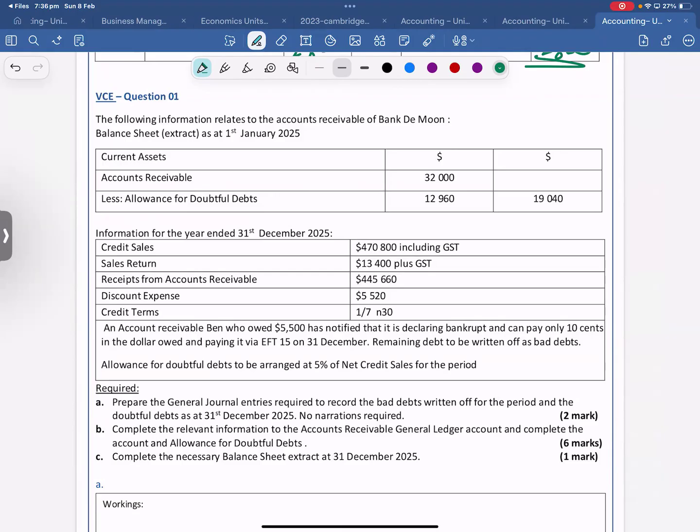Two months. Okay. All right. Any questions?